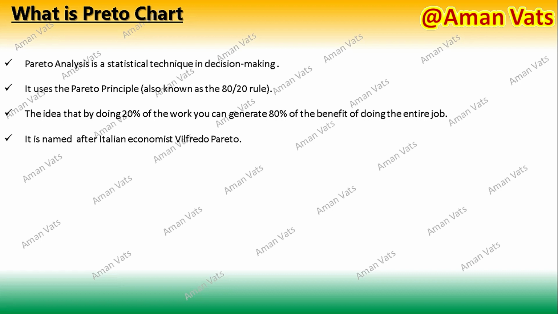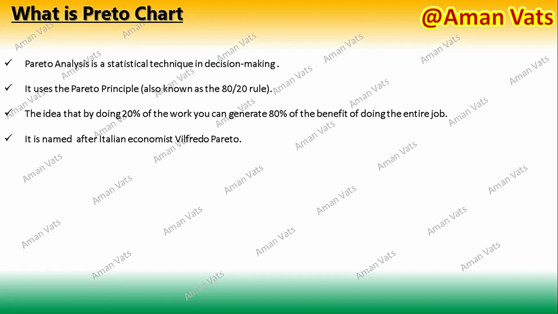The idea behind 80-20 is that with 20% of the work you generate 80% of the benefit. You can apply this principle anywhere, everywhere. So 80% of the problems you can eliminate by doing 20% of the tasks.